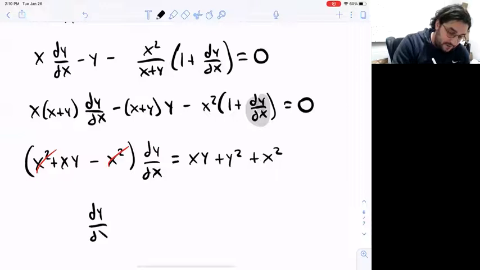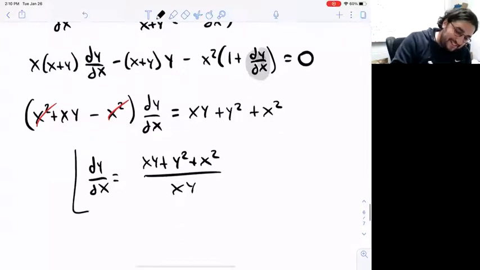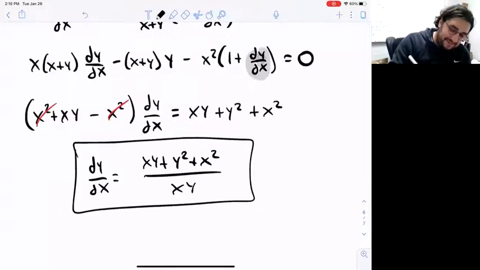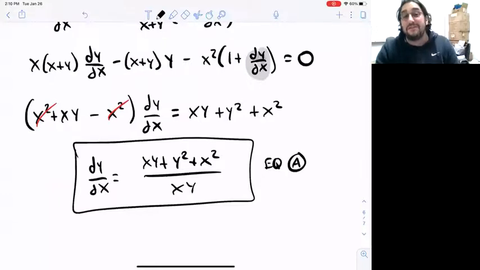Divide both sides by xy, and we end up with xy plus y squared plus x squared over xy. Fabulous. This is exactly the original equation, equation A. So we recovered equation A successfully by doing implicit differentiation on our implicit solution. So you can still check your result even if it's not an explicit solution. You just need implicit differentiation, just like the word sounds.